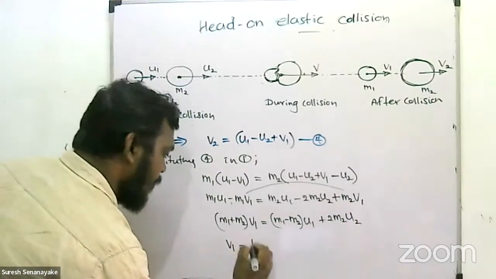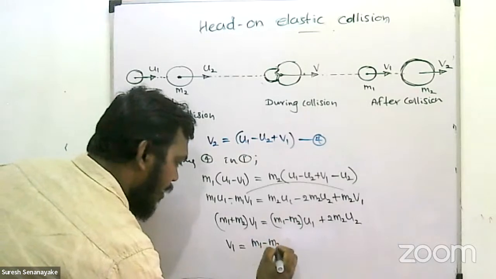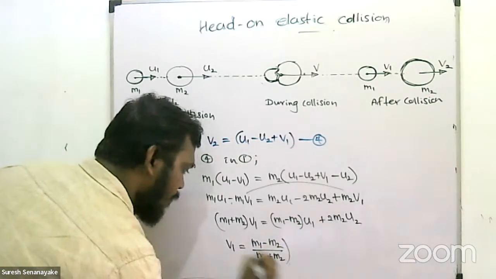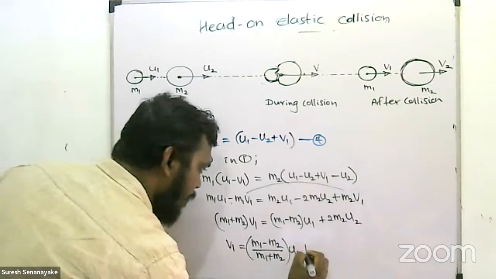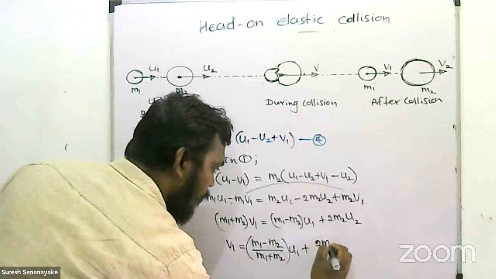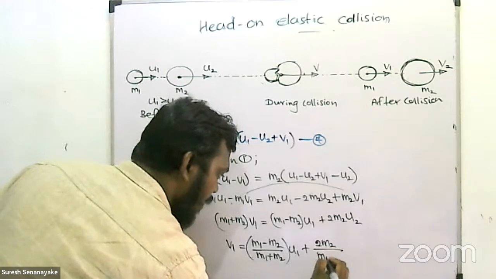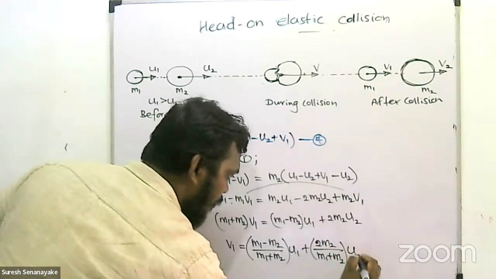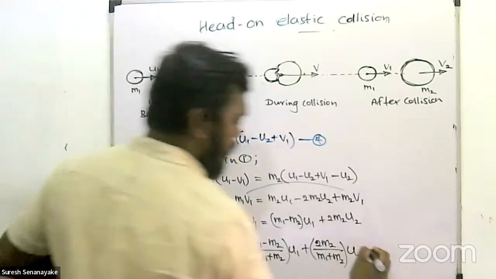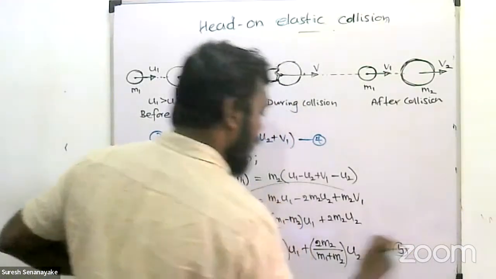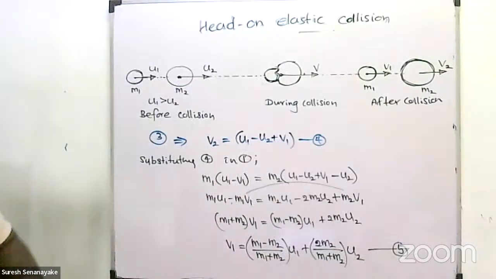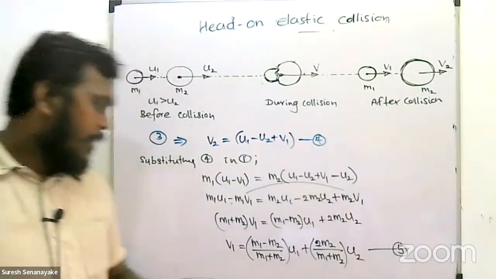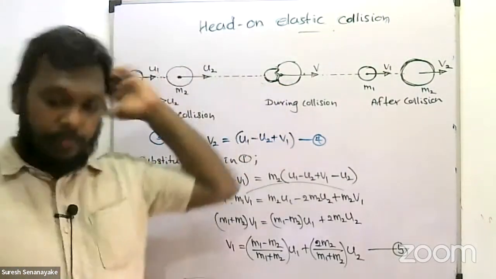V1 is equal to (M1 minus M2) divided by (M1 plus M2) times U1 plus 2 M2 divided by (M1 plus M2) times U2. This is the fifth equation. So in this V1, that's the velocity after the collision, we are expressing it in terms of U1 and U2.